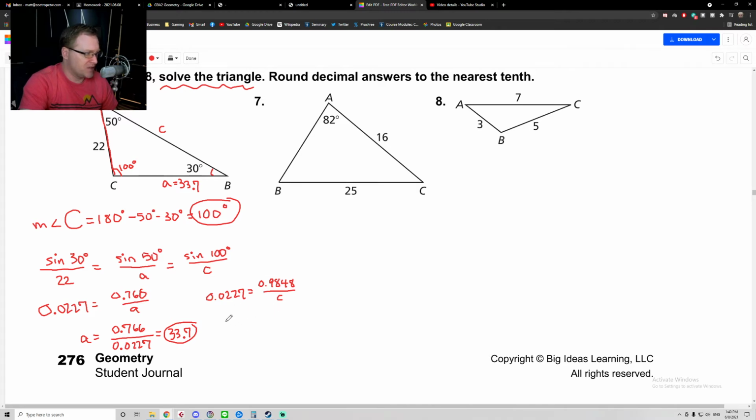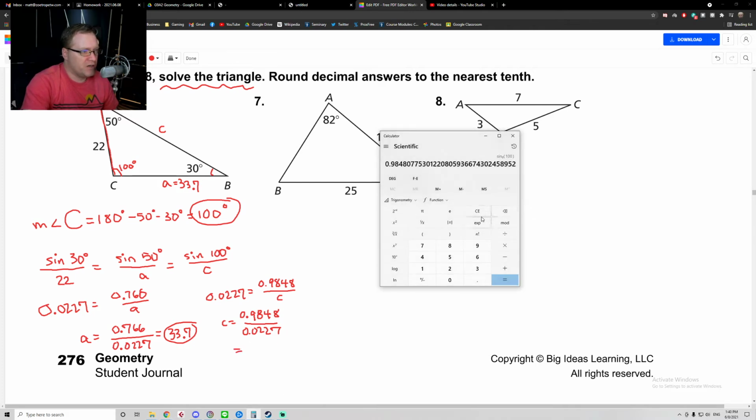So C is going to equal 0.9848 divided by 0.0227.